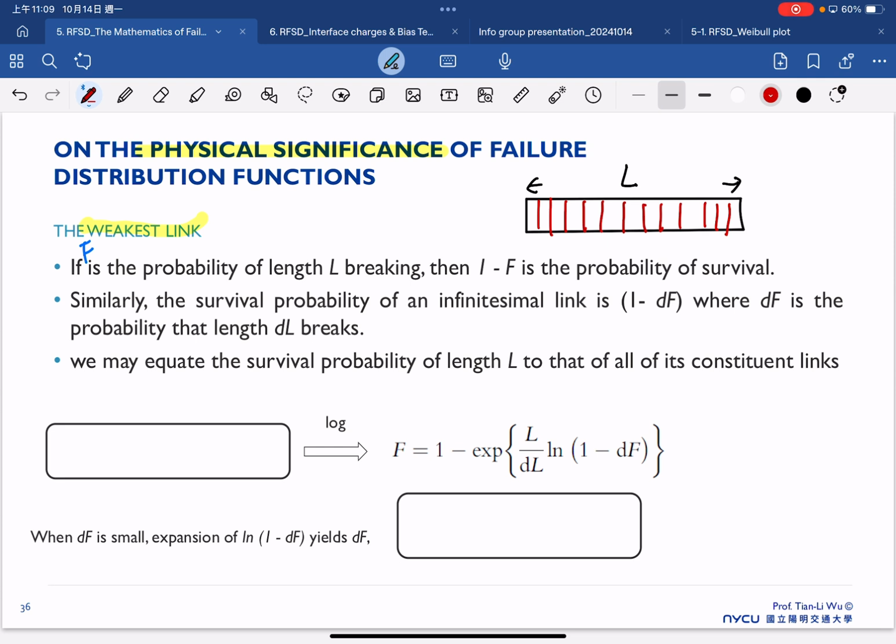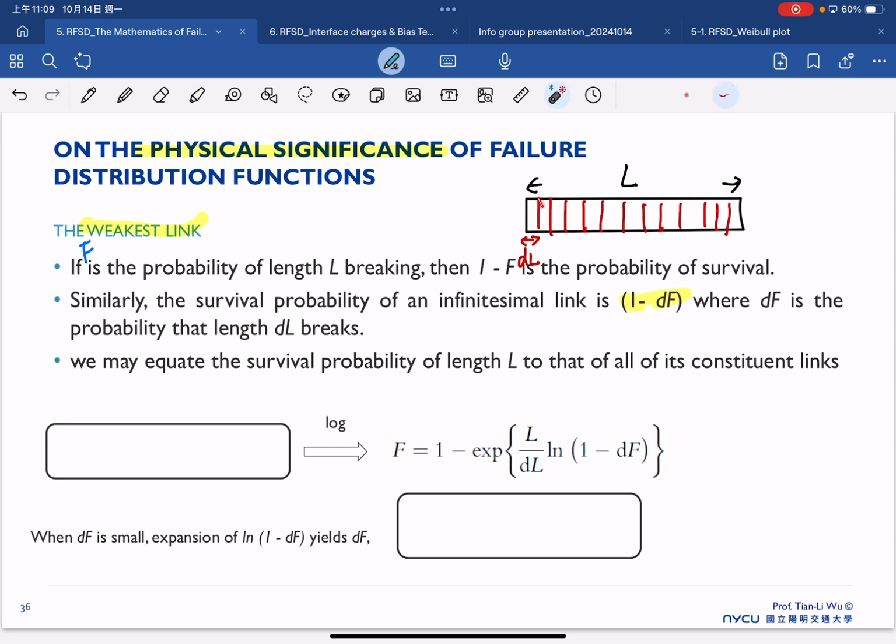So then we can have this one as a dl here. So 1 minus F is the probability of survival for the whole length. Similarly, the survival probability of the infinitesimally small length is 1 minus dF, right?